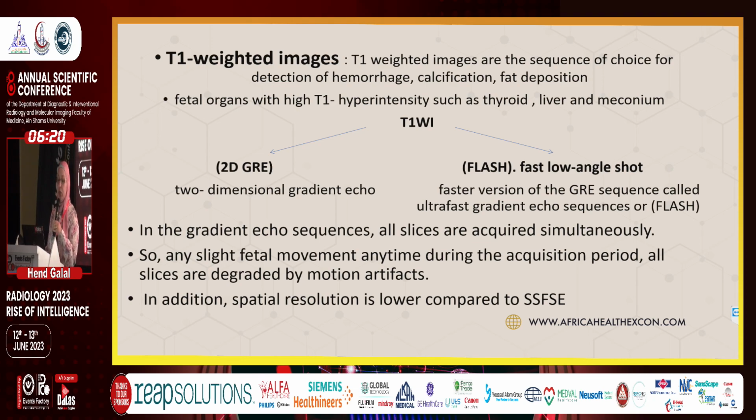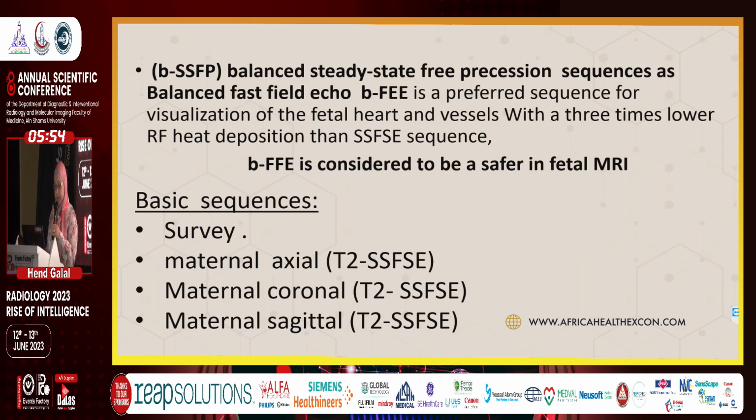In contrast, T1 weighted images depend on gradient echo, which is considered as slices acquired simultaneously. So we cannot see the images until the end of the sequence. So any movement of the fetus throughout 2 minutes or 1.5 minutes of the sequence will cause motion artifact in the whole sequence and need to repeat the whole sequence again.